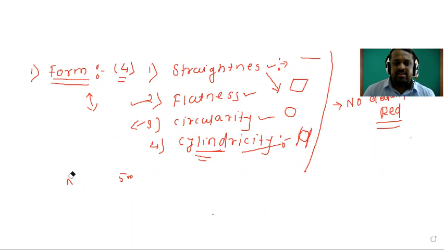the datum line is not required. Okay, then see here how to read it. For example, suppose they have given like this.